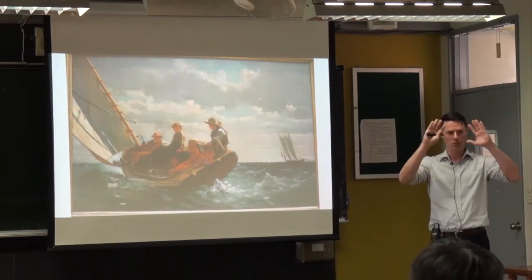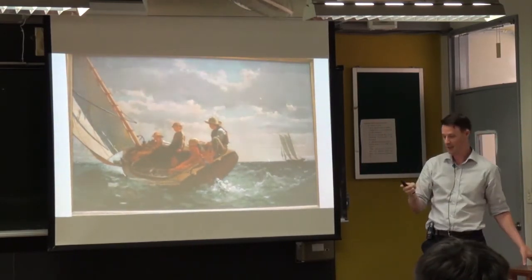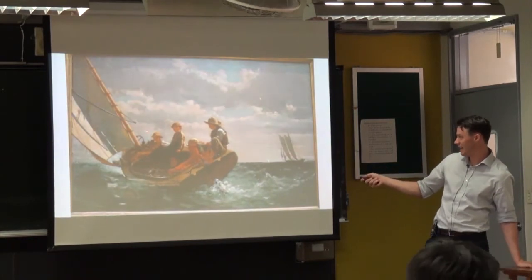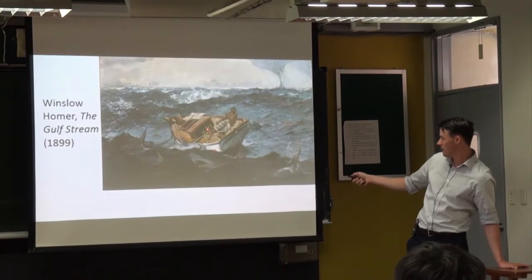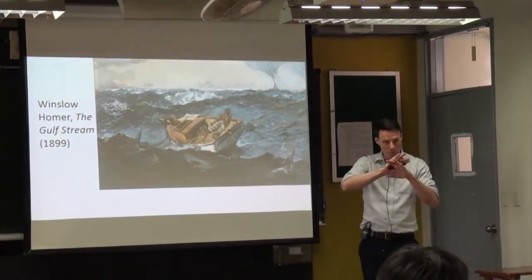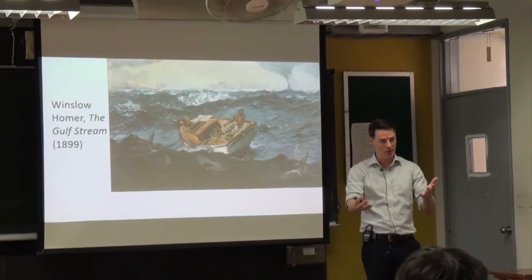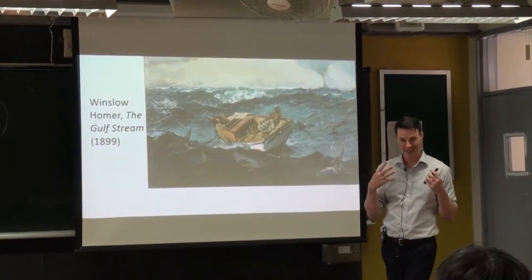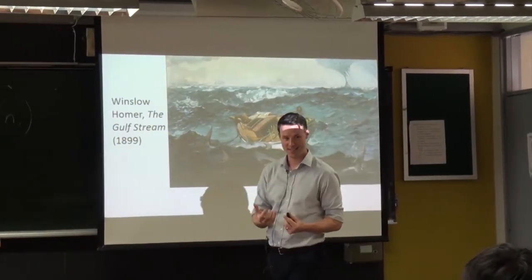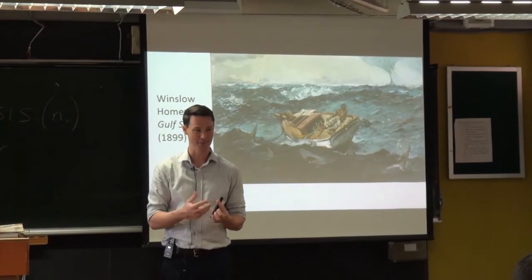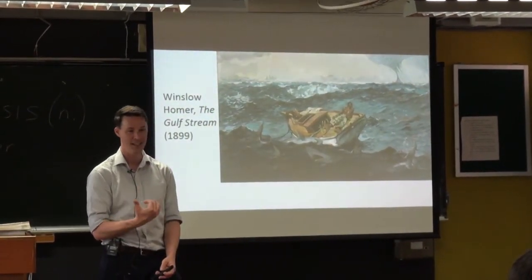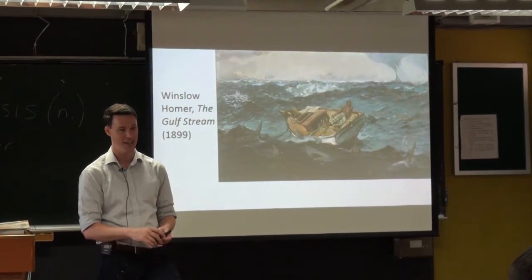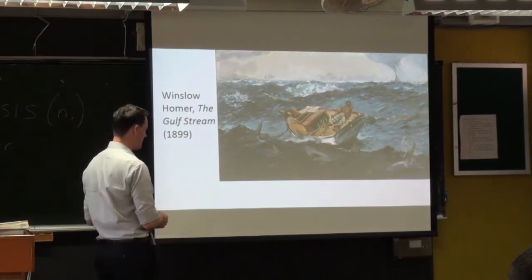They're not totally surrounded by the water. There's still some sky that's touching the ship. But on this one, the boat is completely surrounded by water, which again suggests it's hopeless for this guy. He's surrounded by the ocean. He's not going to be able to get out. He might die. The sharks might eat him, right?